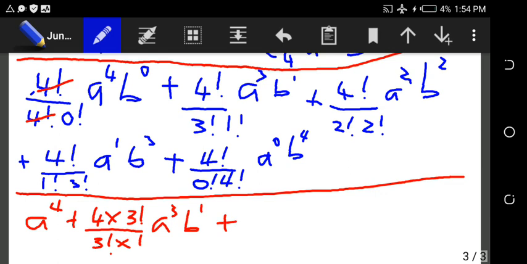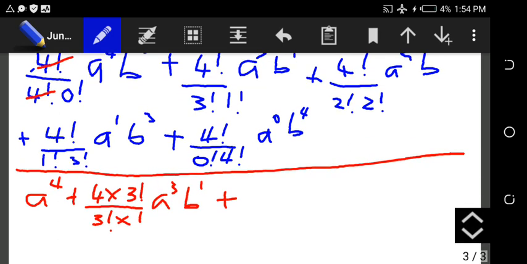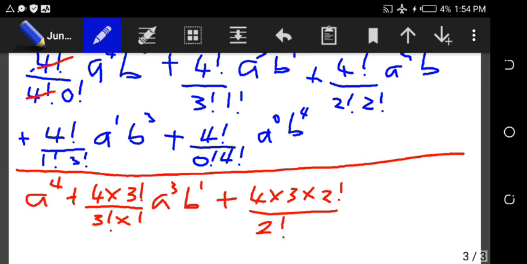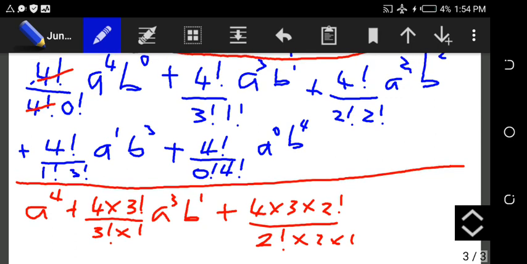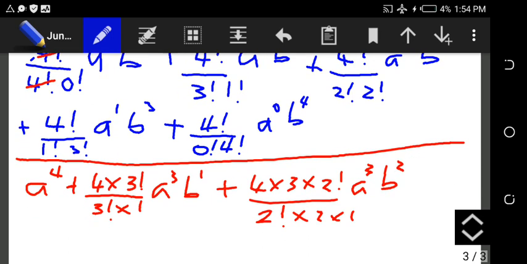The next we still have plus 4 factorial over 2 factorial times 2 factorial. Now remember that 4 factorial is 4 times 3 times 2 factorial, that is 2 times 1, all over 2 factorial times the other 2 factorial, which means 2 times 1. And we have a raised to power 3, b raised to power 2. That is what we have.